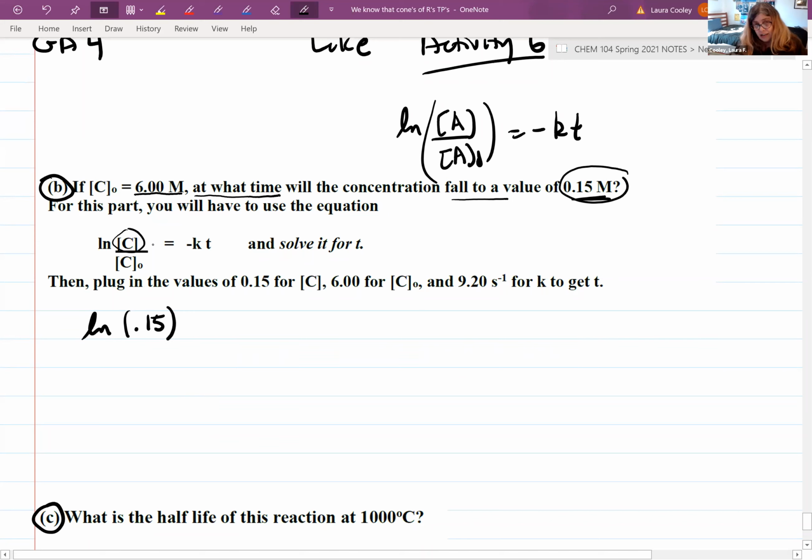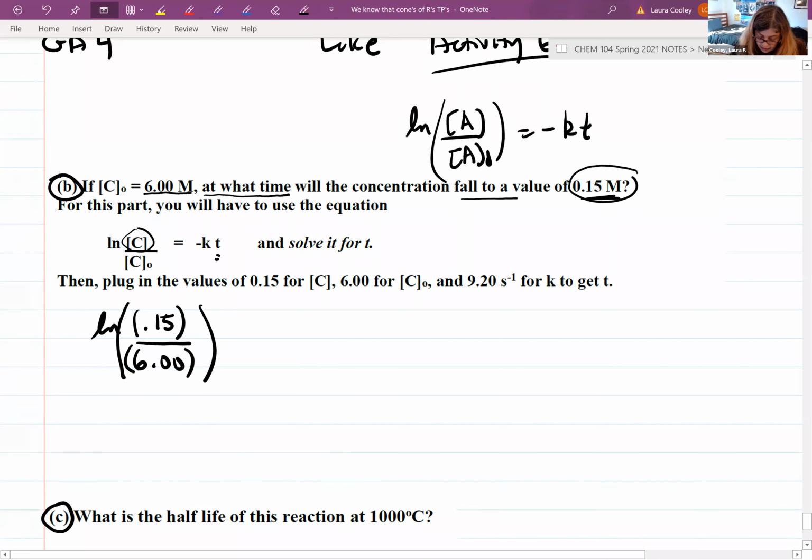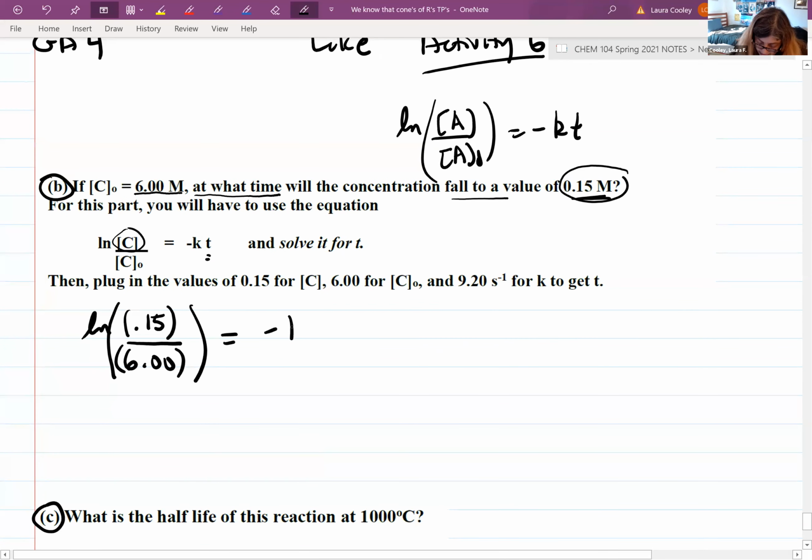That is the concentration of cyclopropane at time t. We don't know what that time is. We're going to solve for it. Divide this by the initial. And another thing you have to be careful of is you have to take this ratio before you take the natural log. So that's equal to minus kt.